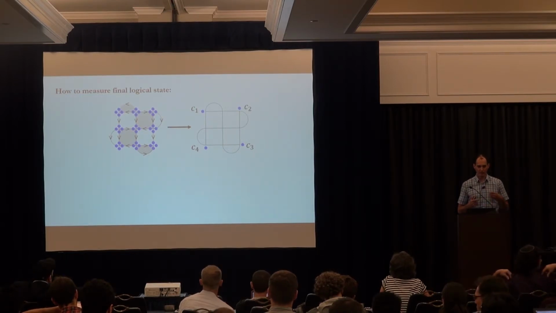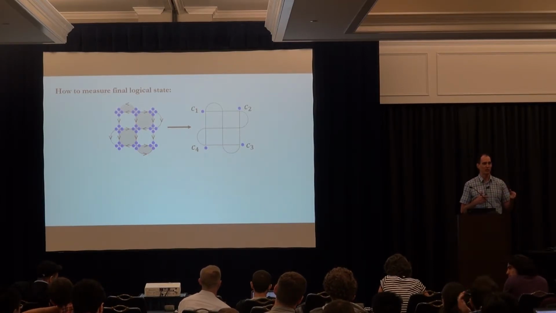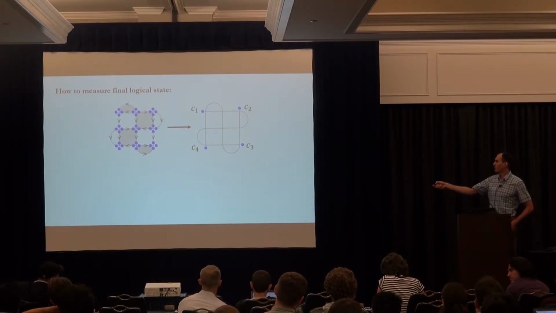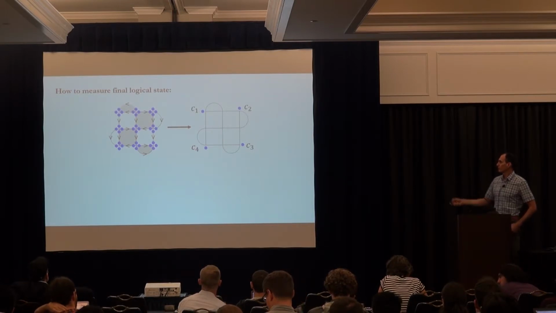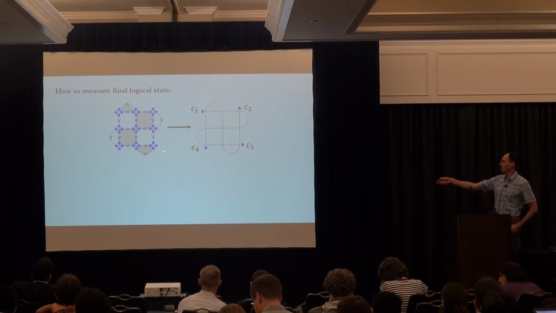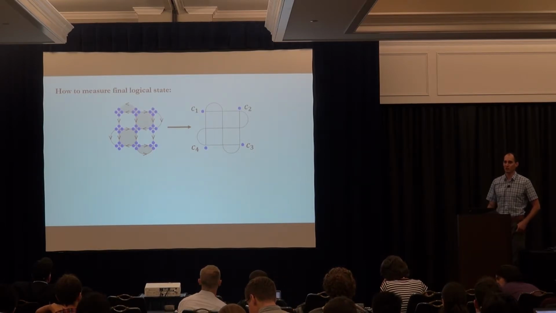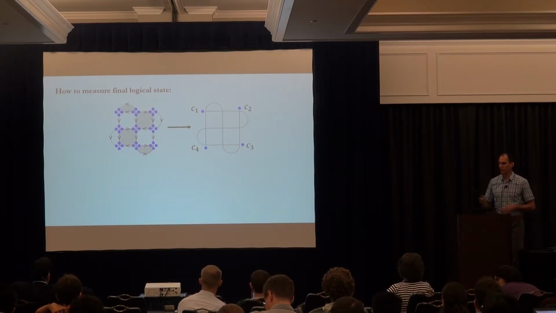Now, the next thing we want to do is to compute the final logical state conditioned on the measured syndrome. Suppose we have already measured all these H operators. Then you can notice that there are 4 Majorana modes located at the corners of the lattice, and these modes do not belong to any H operator.